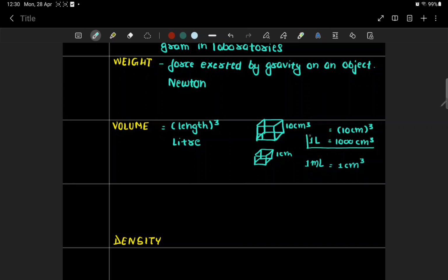But you need to know this relationship, because there is a relationship between liter and centimeter.